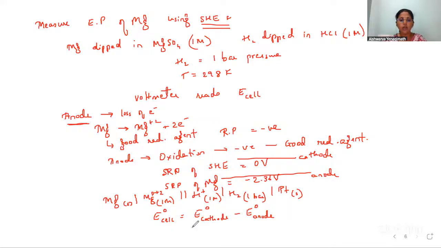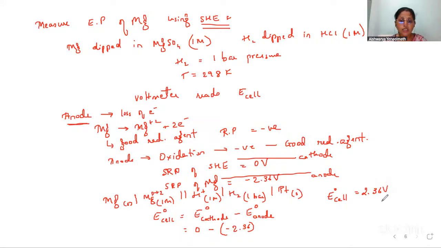Is that right? So, cathode we have SHE and its value is 0 minus. What is the value of anode? Mg we have taken, it is minus 2.36. So, what will be my final answer of E naught cell? Standard cell potential, how much does it come? It is 2.36 volt. Is that clear? So this is the E naught cell value we have got.